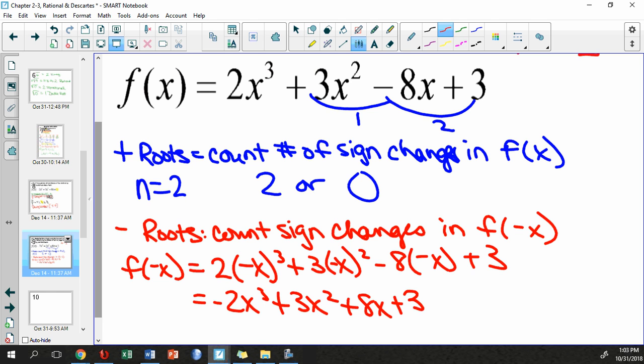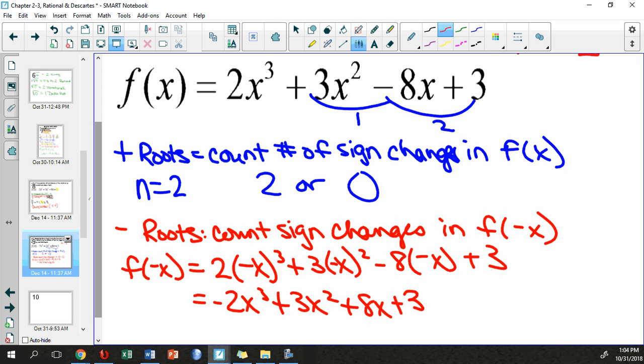Odd powered changed their signs from +2 to -2. Even powered stayed the original signs every time. So whenever you're doing f at -x, the only signs that change are odd powered variables. Do we all understand that?